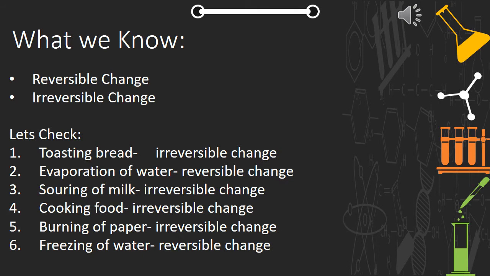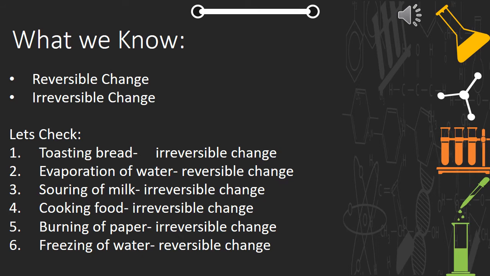Evaporation of water: water gets converted to gas. Further, by changing the condition, by cooling the gas, that is water vapor, you get the water back. So this is a reversible change. Souring of milk, again it's an irreversible change, because by reversing conditions you won't get the original form of the milk.